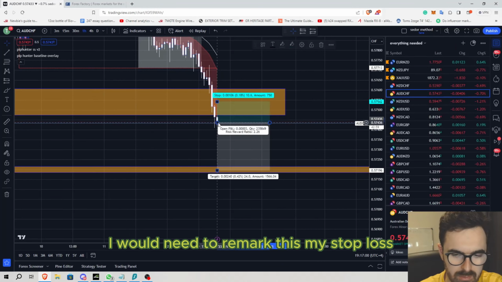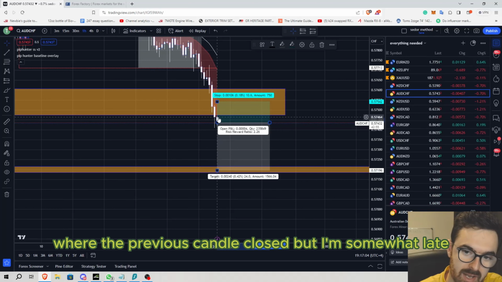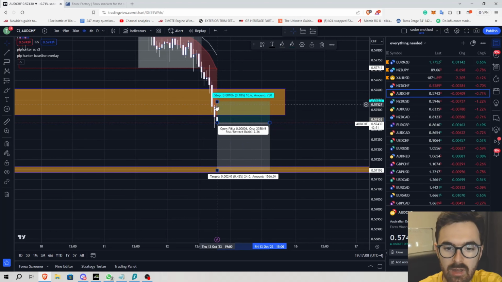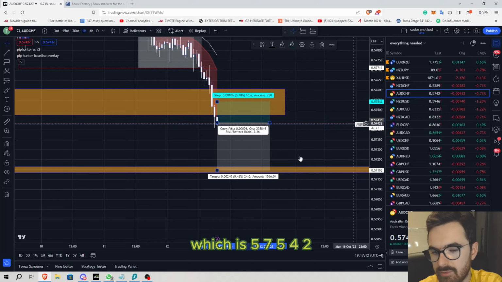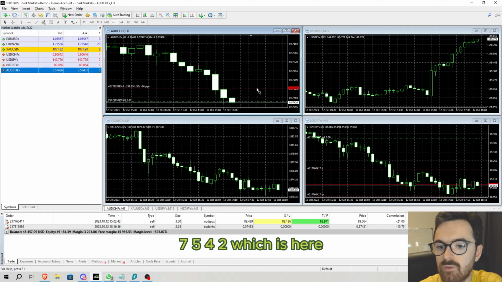My stop loss, realistically, I should be waiting for this entry where the previous candle closed, but I'm somewhat late. It's 17 minutes into the candle. My stop loss will be up here, which is 57542. So I'm just going to click and drag that to 57542, which is here.